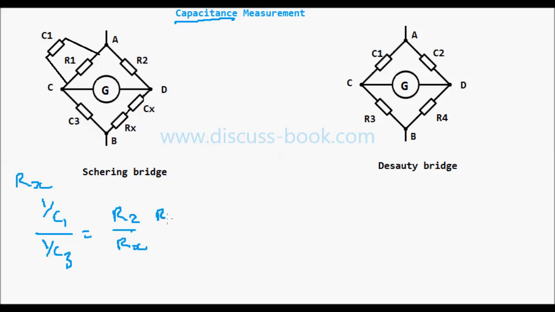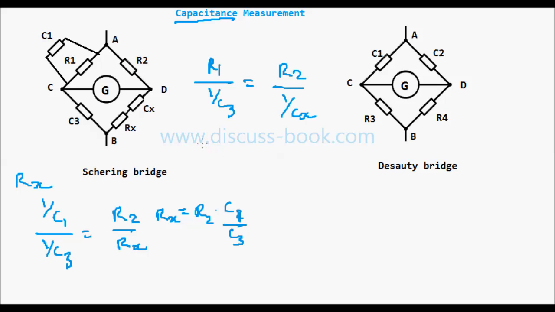So you have Rx is equal to R2 into C1 by C3, and for Cx you have to use R1 divided by 1 upon C3 is equal to R2 divided by 1 upon Cx. So you have C3 R1 is equal to Cx into R2. So Cx is C3 into R1 by R2.